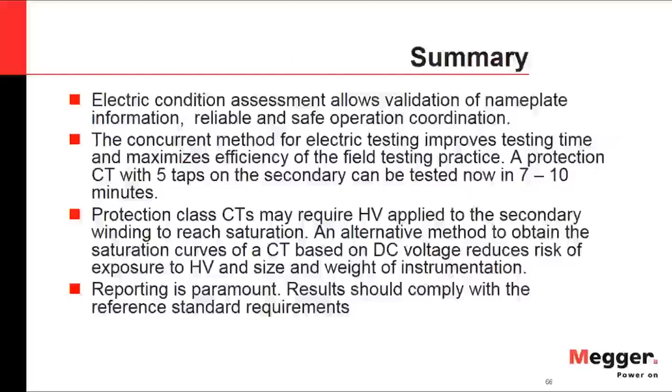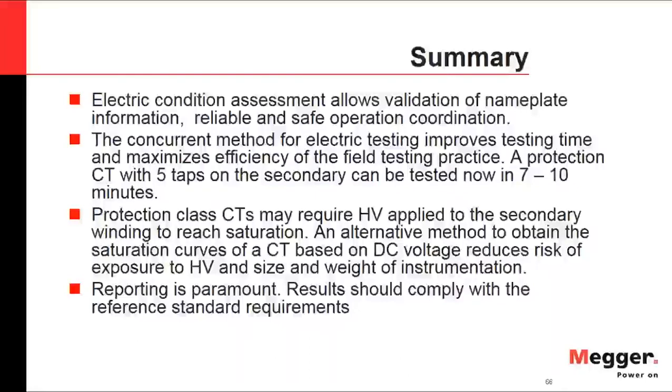In summary, the electric condition assessment allows validation of nameplate information, reliable and safe operation coordination. The concurrent method for electric testing improves testing time and maximizes the efficiency of the field testing practices. A protection CT with 5 taps on the secondary can be tested now in a time between 7 and 10 minutes.